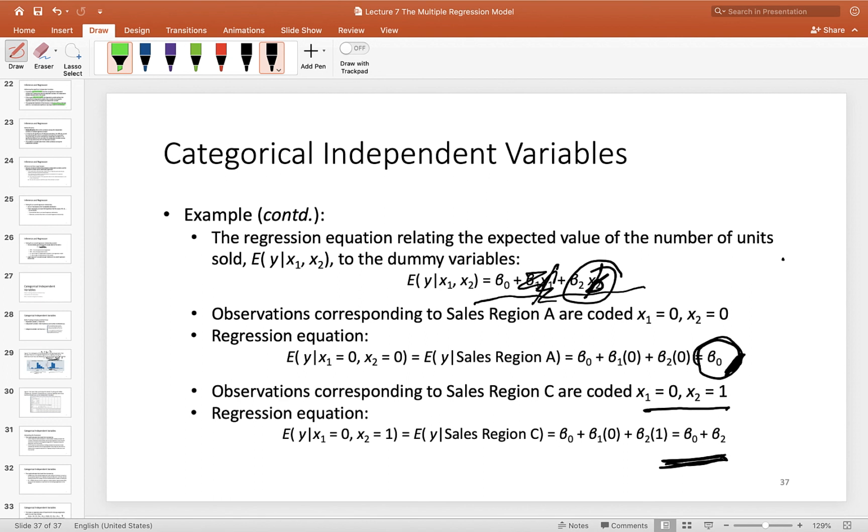Likewise for region C, beta 2 is the difference between the mean number of units sold in region C and the mean number of units sold in region A. So beta 2 is what you have to add or subtract from region A sales to get to region C's sales. It just takes a little bit of getting used to.